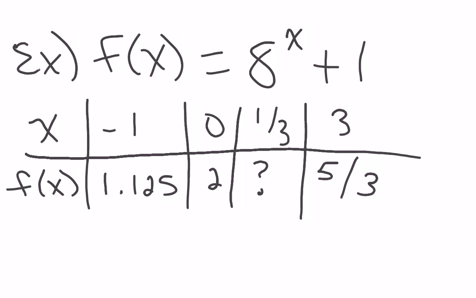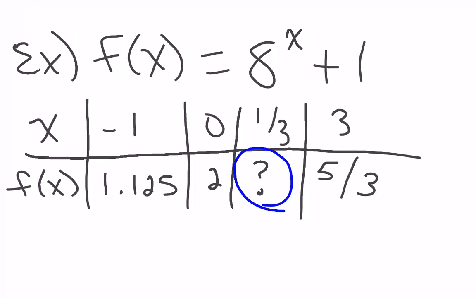Okay, so they've given us a table of values, which means that the x value that's given is plugged into the function itself, and we're given the value of y, or f of x, in return. In this case, they left one out and want us to find that missing piece. What is this one? So how do we find that?